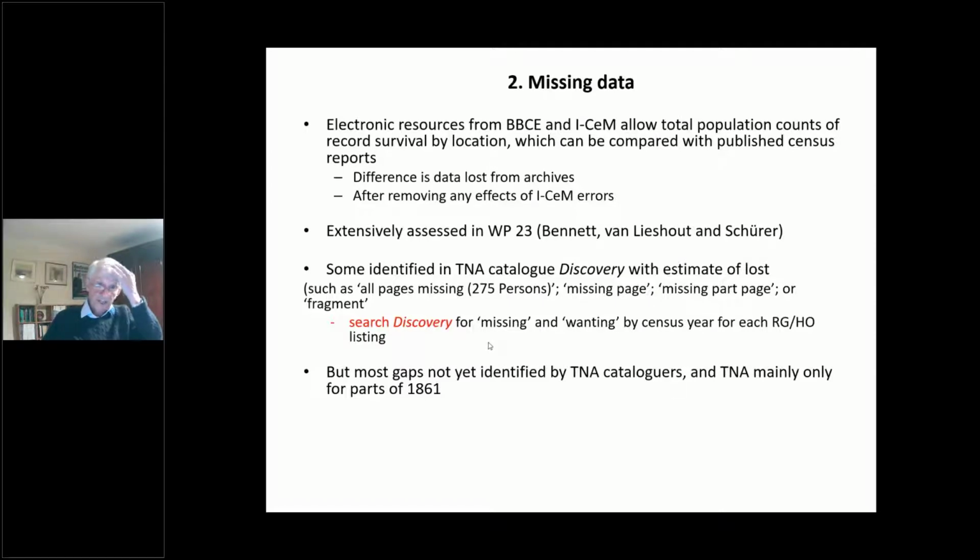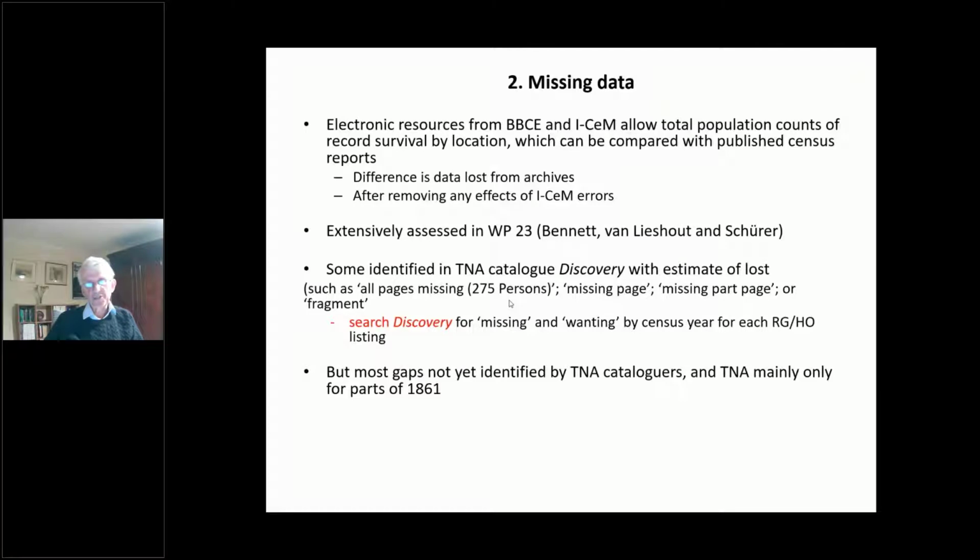Now, already you'll know from the National Archives catalogue discovery that there are missing records, and some of these are quite well known. If you search discovery and insert missing wanting with the census year and the RG or HO ref number for the relevant census year, you'll find things coming up with all pages missing 275 persons, a rather precise estimate, but more typically you get missing page, missing part page, or fragment.